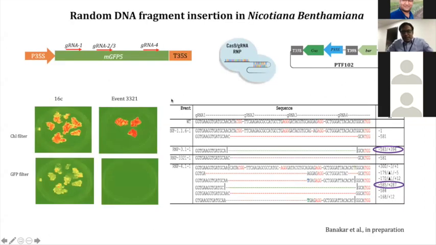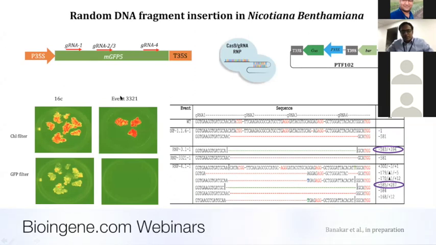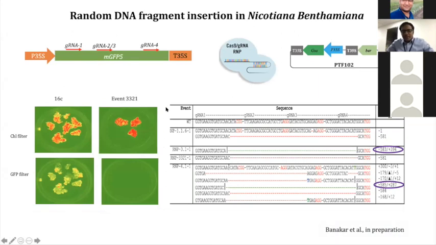Is that a specific aspect of crops or anything? What we showed was in rice. Now we picked Nicotiana benthamiana, where we edited a gene called GFP, which is a fluorescent marker. What you see here is the 16C line, which is a popular GFP-expressing Nicotiana benthamiana line.